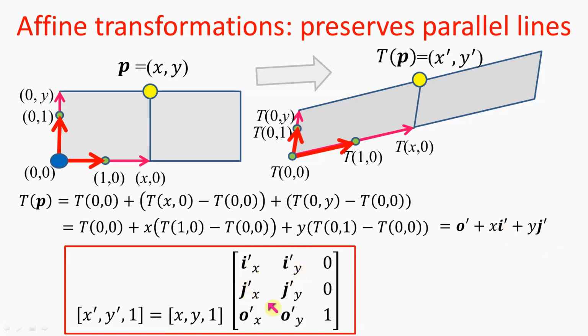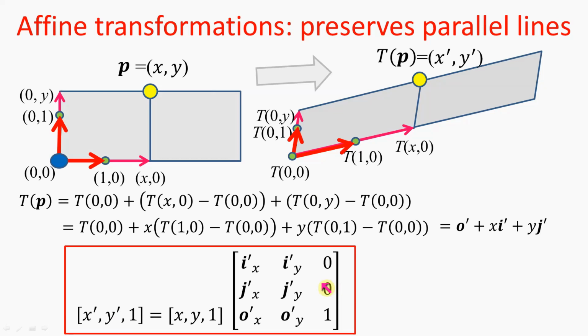The second row contains the xy coordinates of basis vector j, and the third row contains the Cartesian coordinates of the transformed origin. If we put 0, 0, 1 in the third column of this 3 times 3 matrix, it is guaranteed that for an arbitrary xy value in the resulting 3-element vector, the third one value will be preserved.